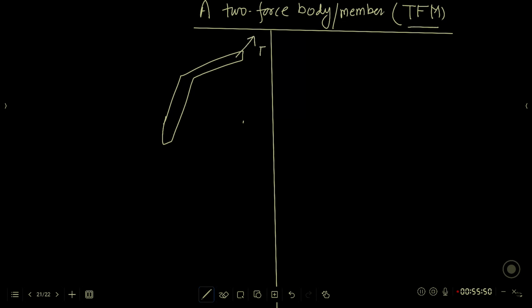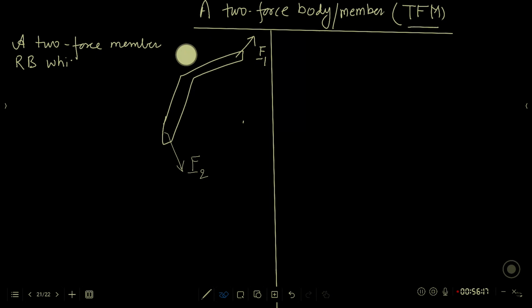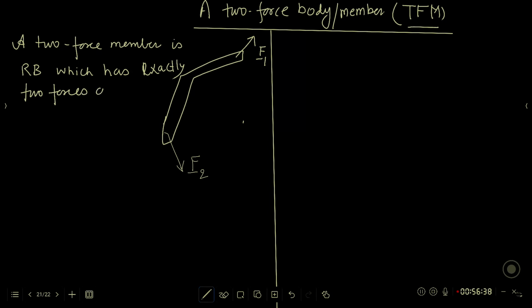So a two-force member is an RB which has exactly two forces acting on it at two different points, and nothing else.